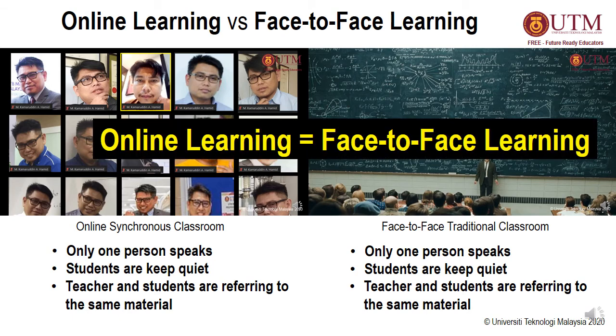Therefore, we can conclude that a synchronous online learning is the same as the face-to-face learning, where the teacher keeps lecturing until the end of his or her teaching materials. The only difference is that in the online learning, students are at a distance. They are not in the same physical classroom as in the face-to-face learning.